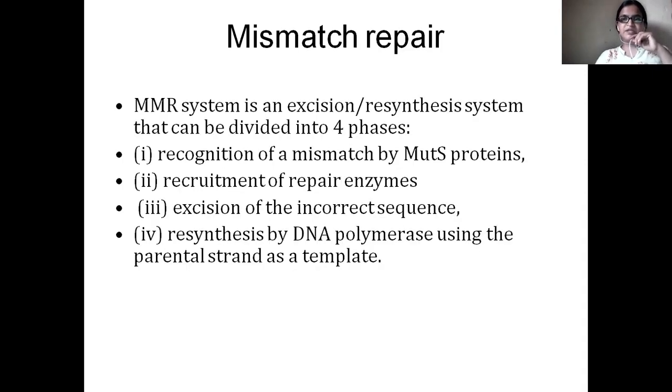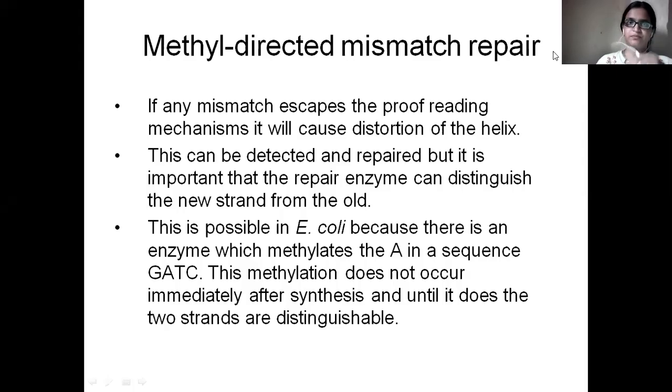Next is mismatch repair, the methyl-directed mismatch repair. If any mismatch escapes the proofreading mechanism, it will cause distortion in the helix. So if there is any problem or mismatch in the DNA, there will be a repair mechanism which will repair that problem.